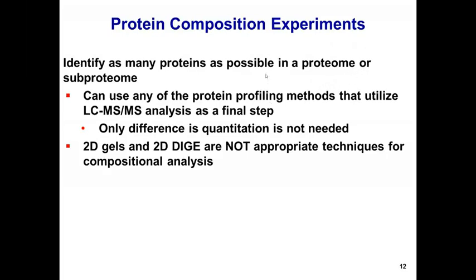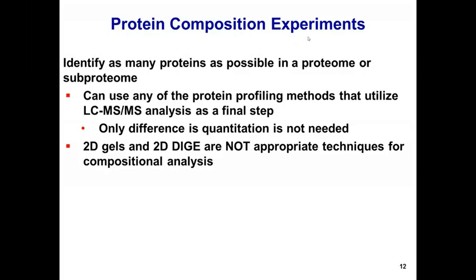is because 2D gels are primarily comparative methods where I compare the two-dimensional patterns of proteins from two or more samples. I then look for differences. I do not have an identification inherently as part of the analysis.